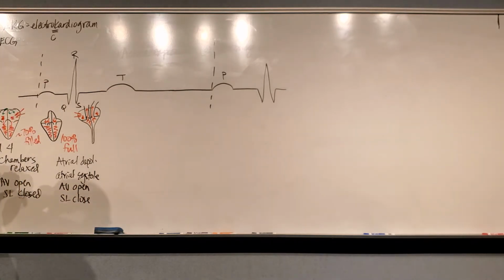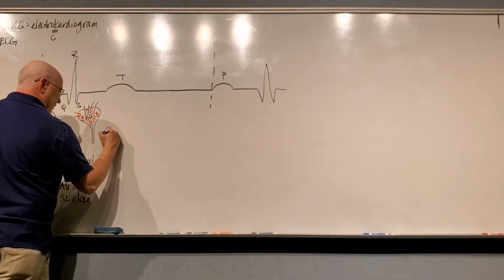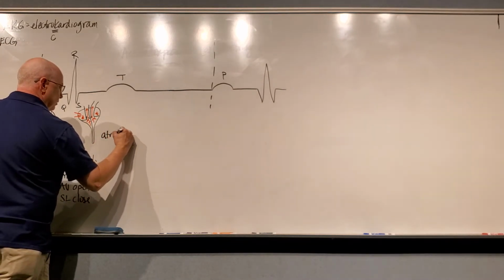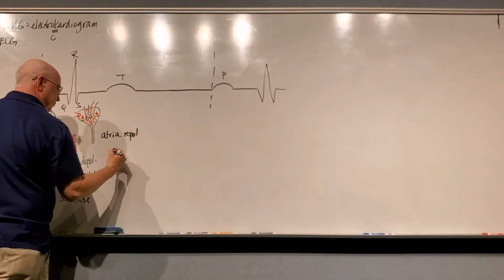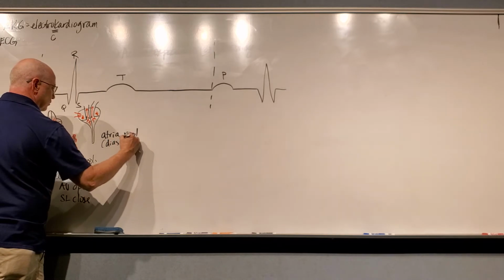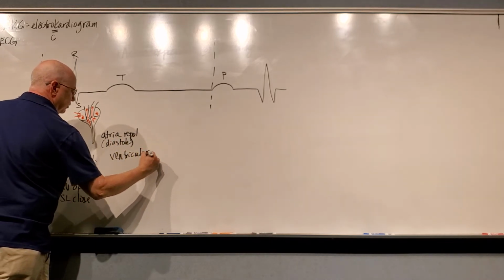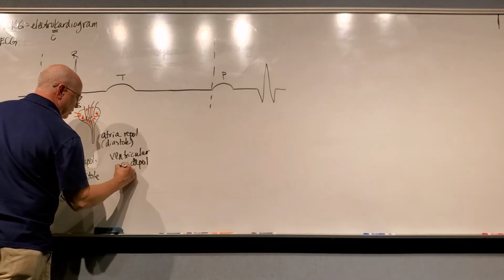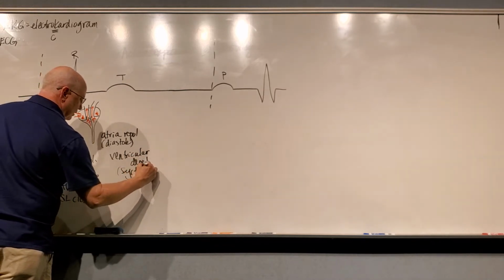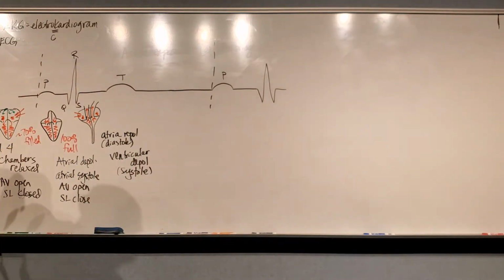When I get to the QRS complex, essentially what happens is the atria repolarize and are in diastole. But now we have ventricular depolarization or systole. Systole is technically the contraction, but it's happening as it's depolarizing.